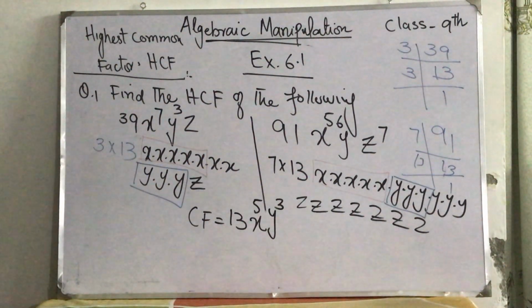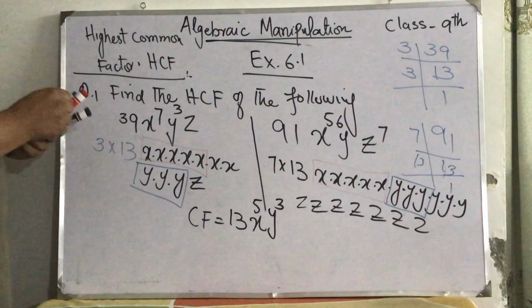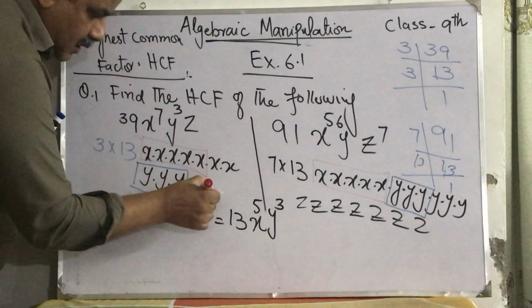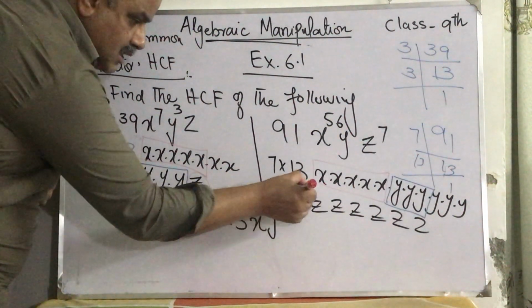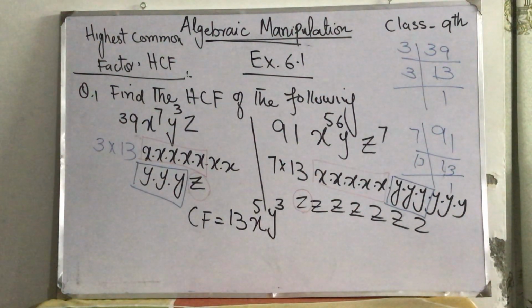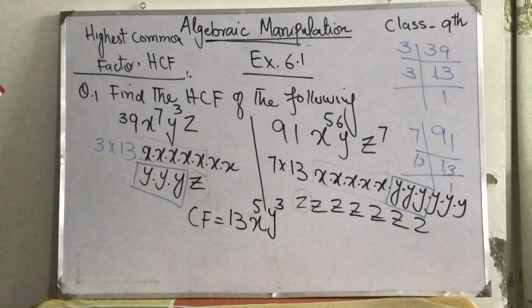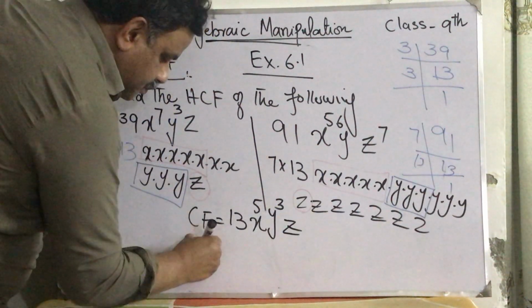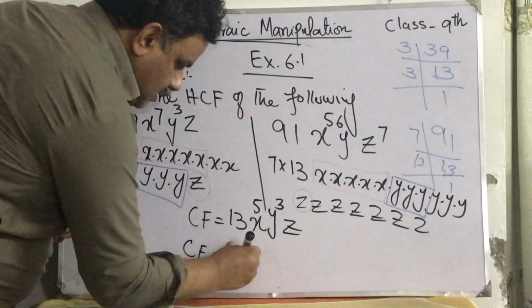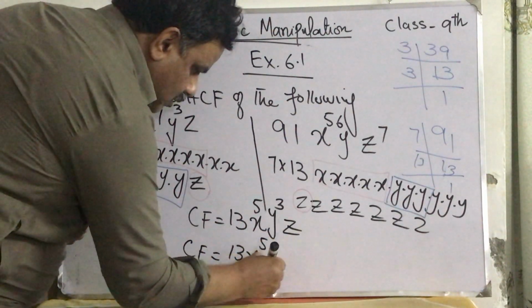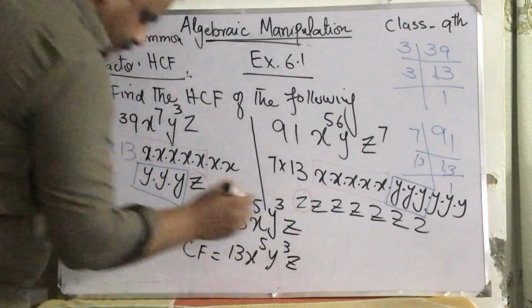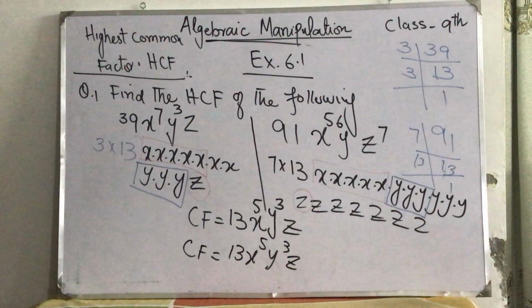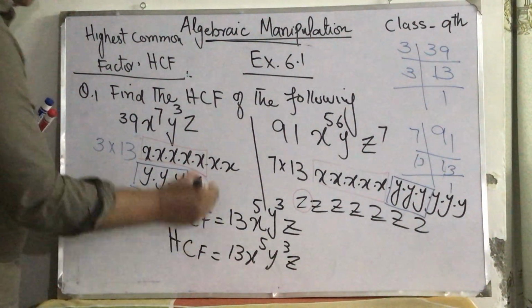How many times z? Z is only 1 time here, so we select only 1 time z from both of them. So we write z. That is your answer, 13 x^5 y^3 z. That is your final answer, which is the HCF.